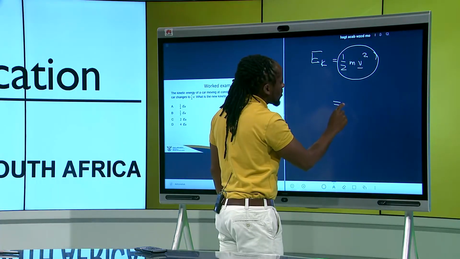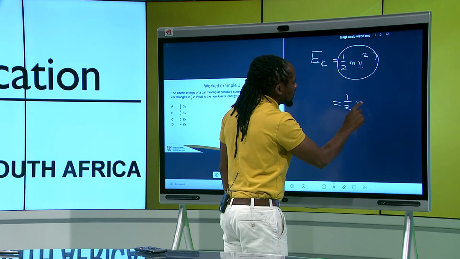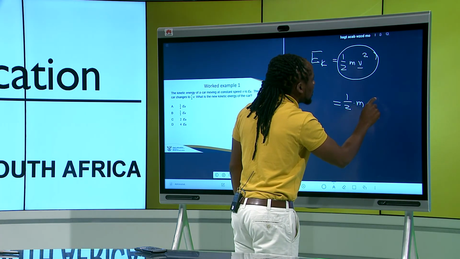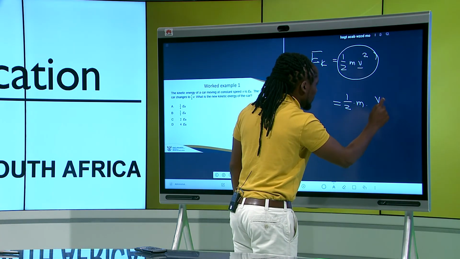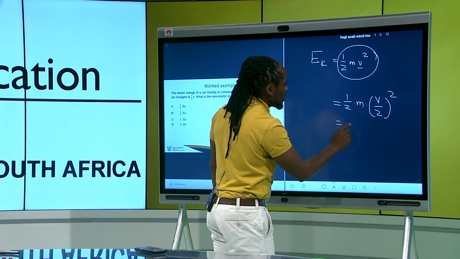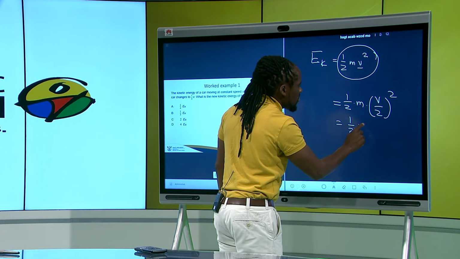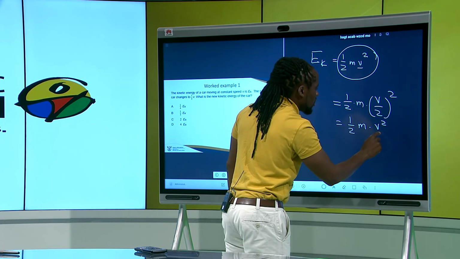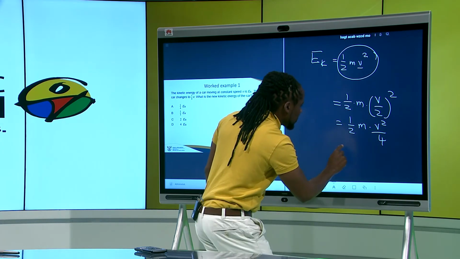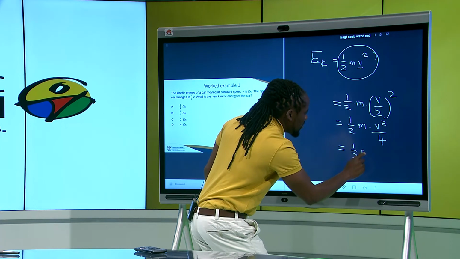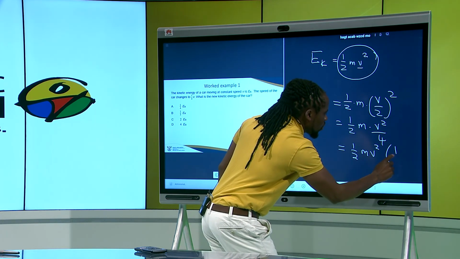We're going to have half the mass. What's the new speed? It is v over 2, but we're going to square that. Now, this gives us what? Half m, v squared over 4, which is the same as half m v squared multiplied by 1 over 4.